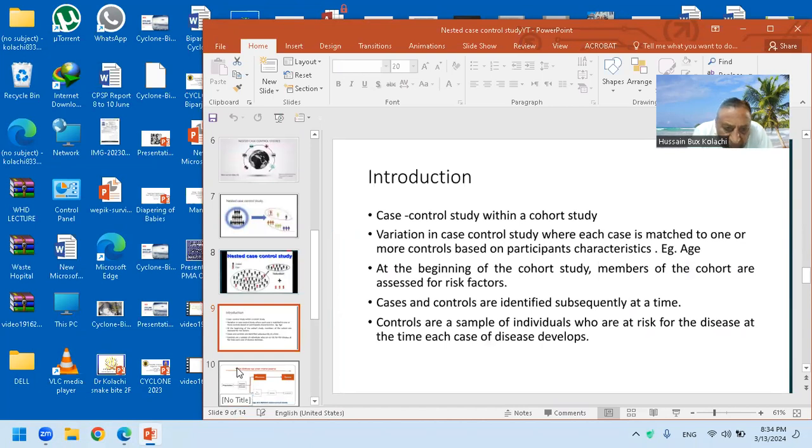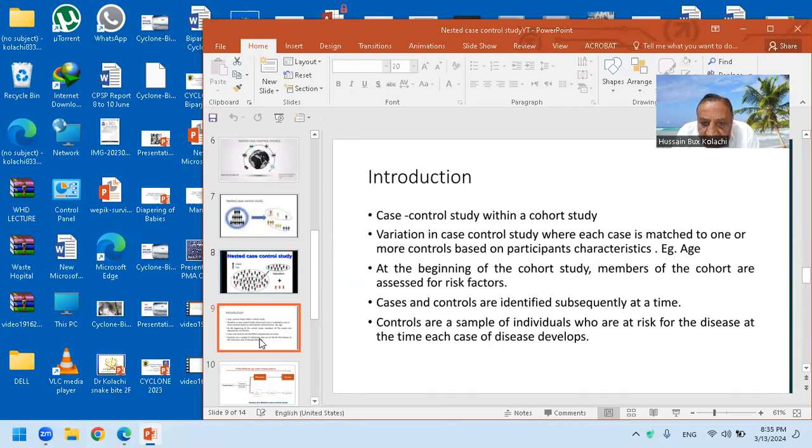Coming to the definition, it is a case control study within a cohort study. Basically, within the cohort study you are fixing another study, so that this case control study is a nested, just a guest study within the cohort study.